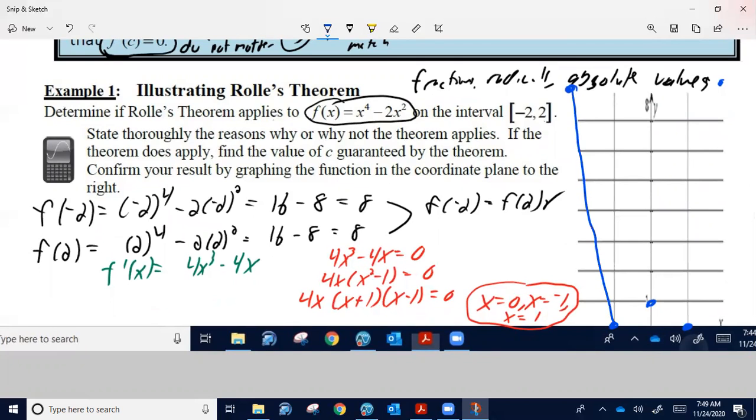And this is what the curve looks like. When we plot that, you can see how at -1, there's a bottom out point. At 0, there's a peak. And at +1, there's another bottom out point. There's 3 locations where this has a peak or a valley, where it has a horizontal tangent line. And I knew there had to be at least one, because this problem was continuous, it was differentiable, and the y values matched. All right, so that's Rolle's theorem.